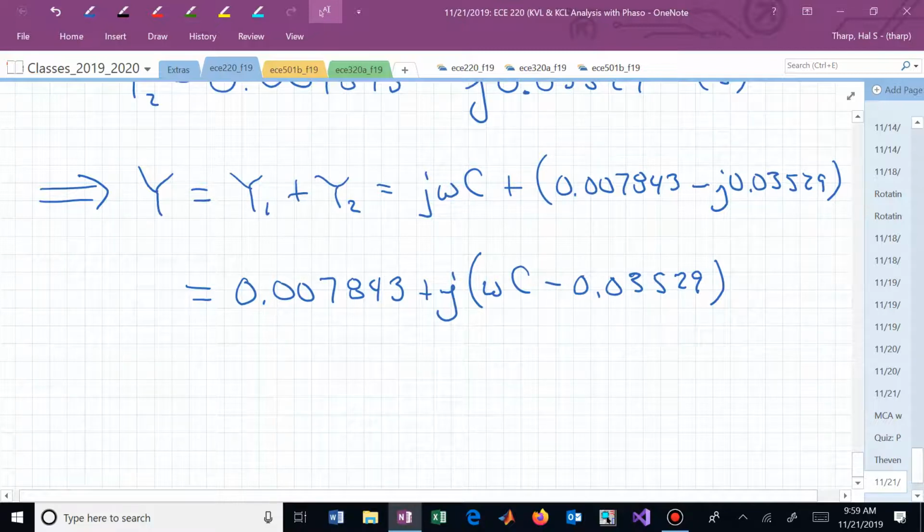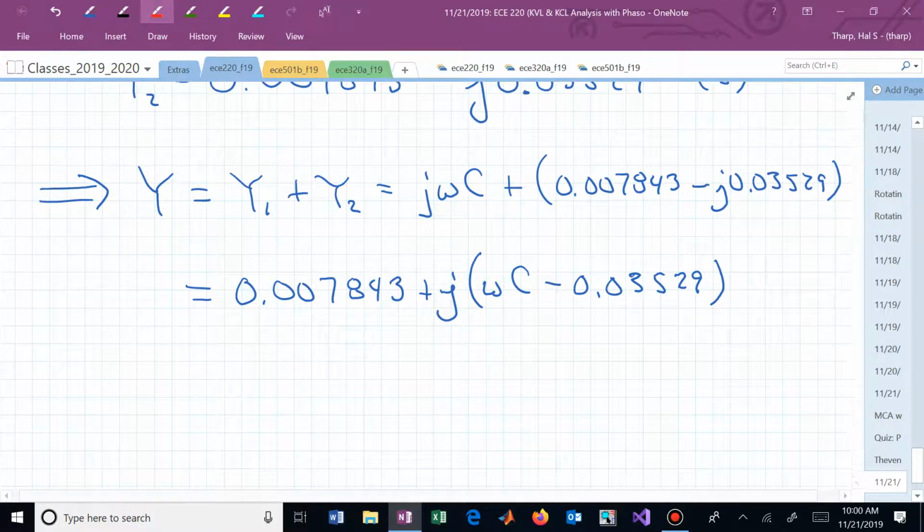We want Y to look real, to not have an imaginary component. And we have an adjustable parameter. We have our C. Omega is fixed. That's 1,000. But C we can go obtain. We can find a capacitor.